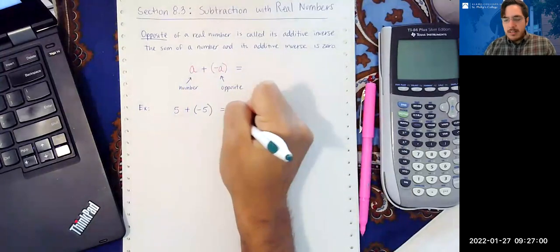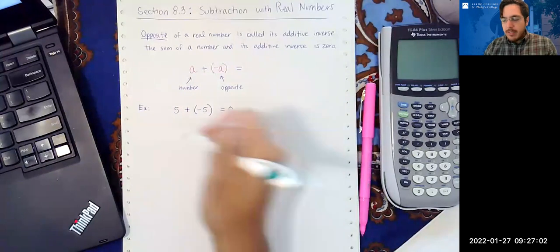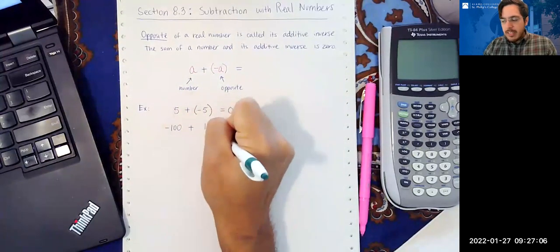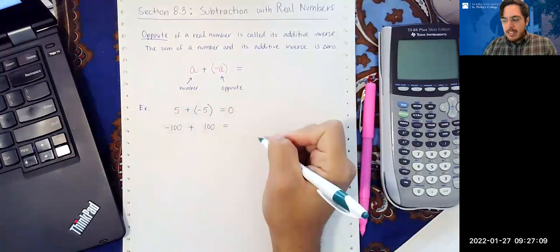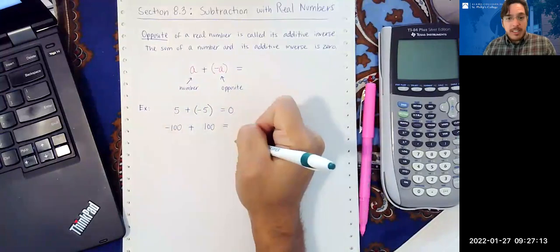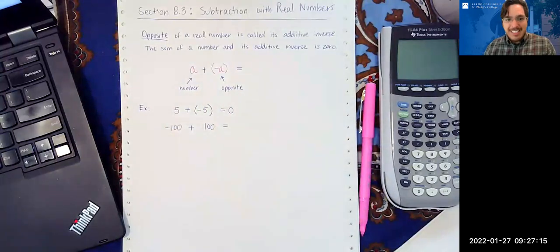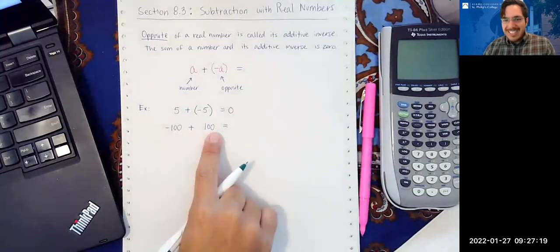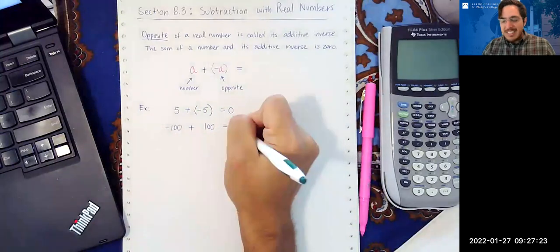0. Yeah. Right? If I have negative 100 plus positive 100, what do I get? 0. It should be 0 because they cancel out.